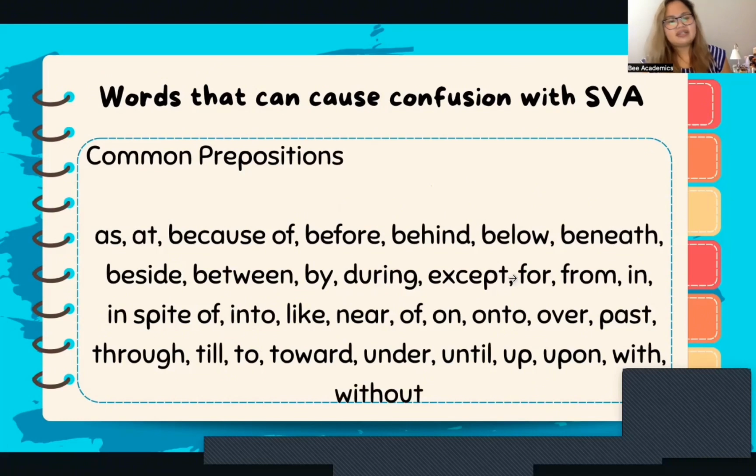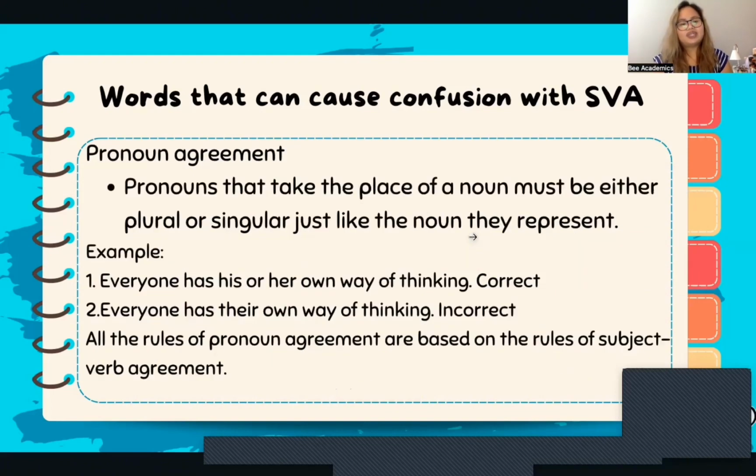And then the common prepositions: as, at, because of, before, behind, below, beneath, beside, between, by, during, except, for, from, in spite of, into, like, near, of, on, unto, over, past, through, till, to, towards, under, until, up, upon, with, and without.